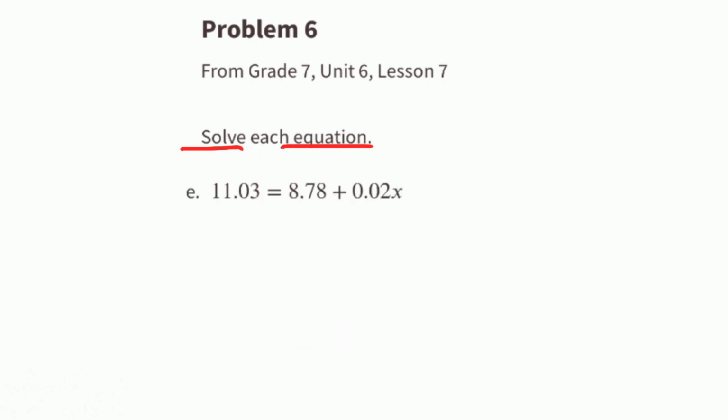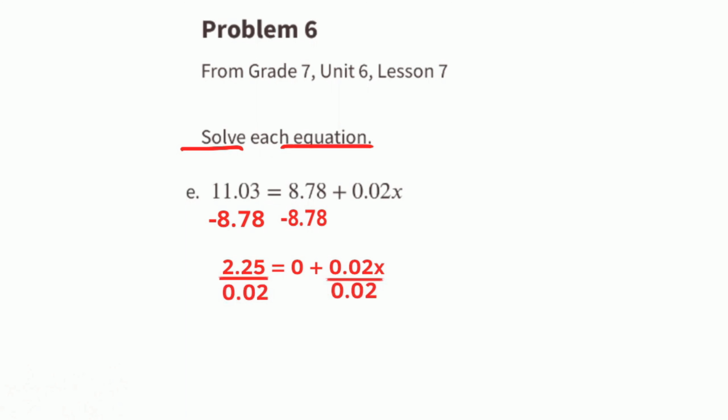E. Subtract 8.78 from both sides of the equal sign and then divide both sides by 0.02. The value for x is 112.5.